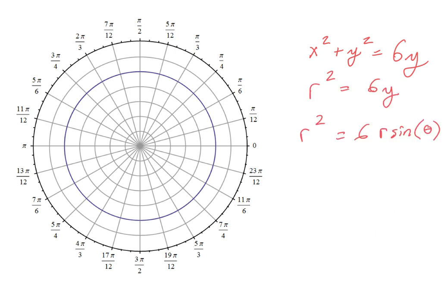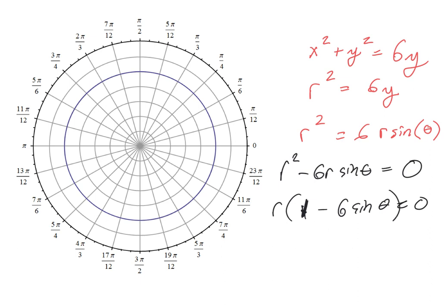So when I get to here, to actually solve, I'm going to move everything to one side. r squared minus 6r sine theta equals 0. I'm going to factor out an r. r times (r minus 6 sine theta) equals 0. All right, and my two solutions to that would be when r is 0, and that's not really an equation, or when this is 0.